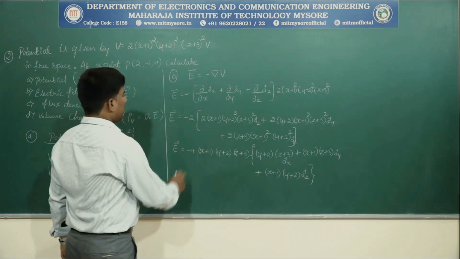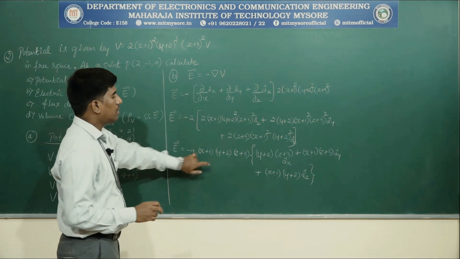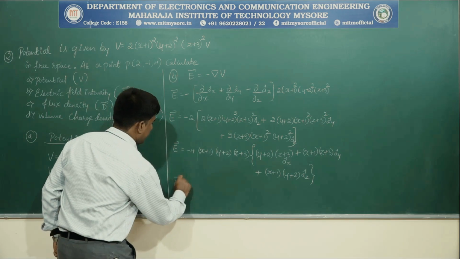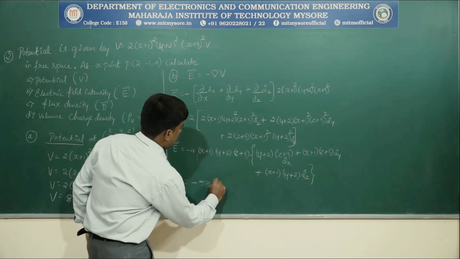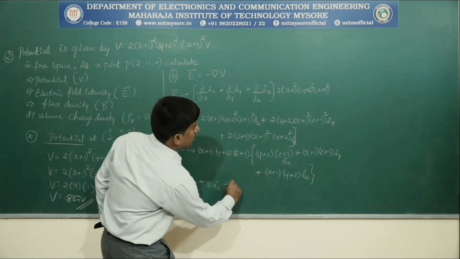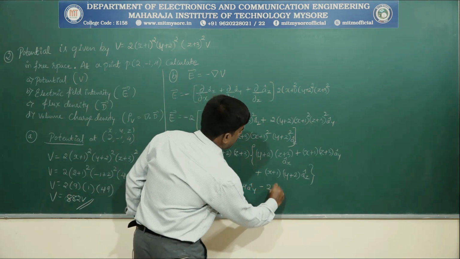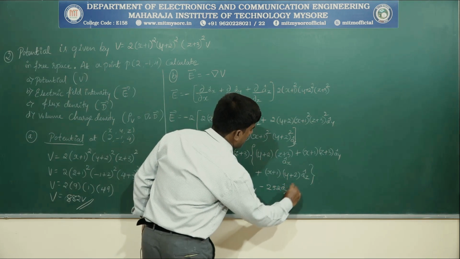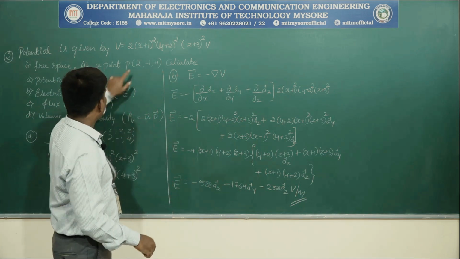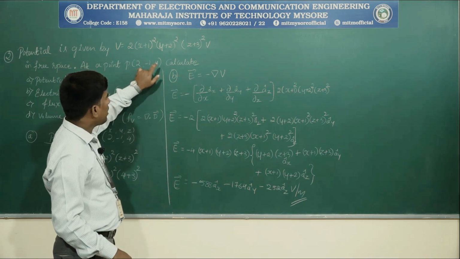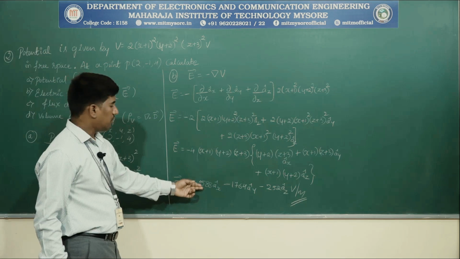Substituting x equal to 2, y equal to minus 1 and z equal to 4 into this equation, we get E equal to minus 588 a_x minus 1764 a_y minus 252 a_z volt per meter.